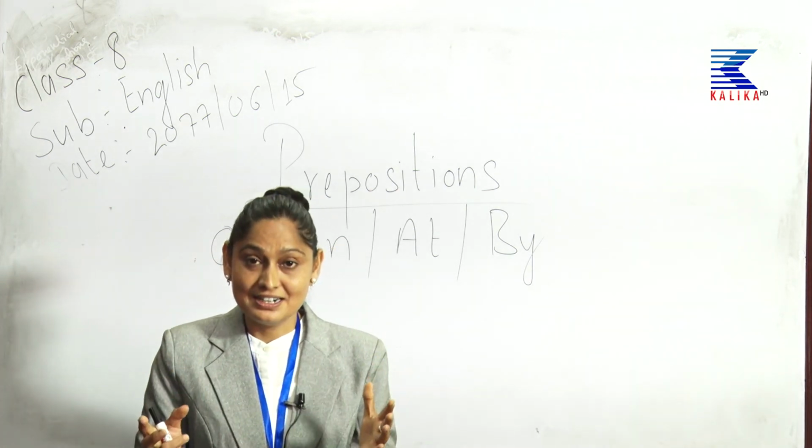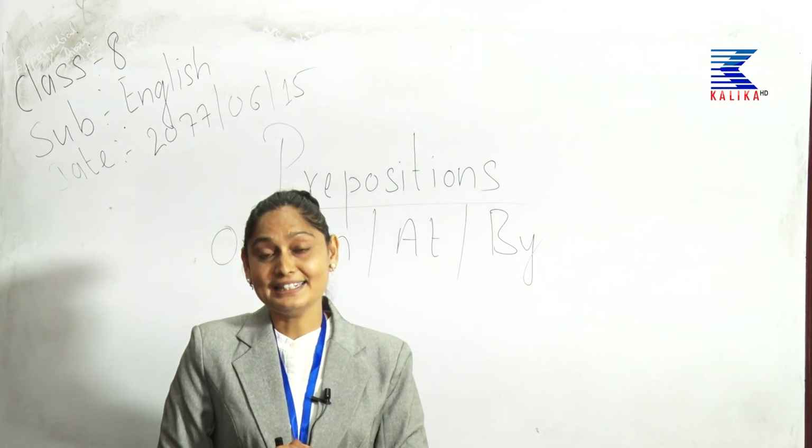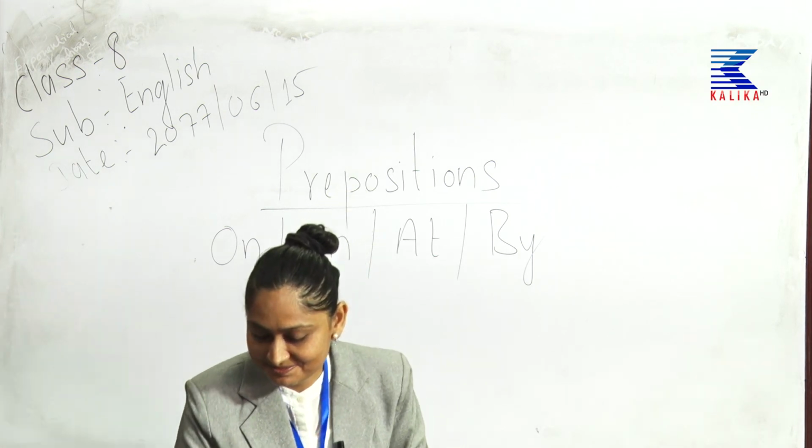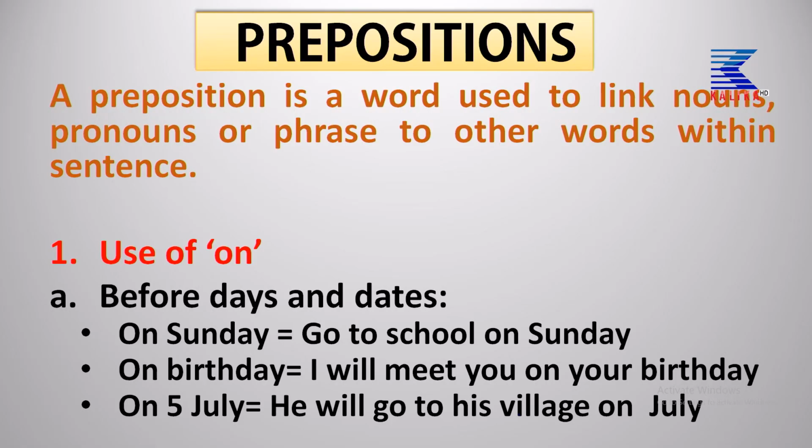There are many more, and in detail let's see on a slide. Slide please. A preposition is a word used to link nouns, pronouns or phrases to other words within a sentence. The first use of on is before days and dates, like on Sunday, on birthday, on 5th July.